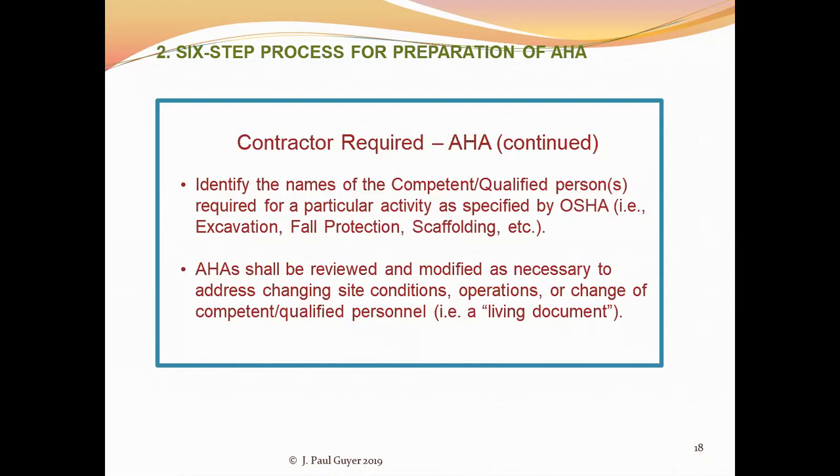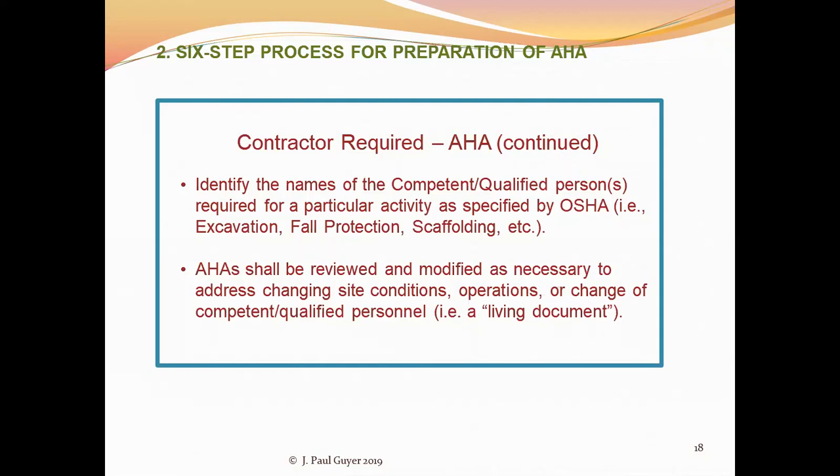And then the other point that I've touched on already a couple times is that the activity hazard analysis forms are a living document. As you're going through the project, you become aware that there are additional steps or additional hazards that you didn't think about up front.